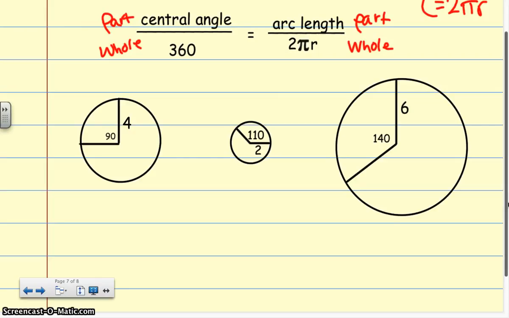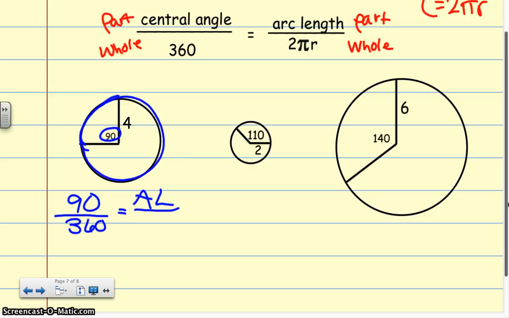Okay, so if I wanted to find this arc length here, I would say that my central angle is 90. 90 is to my whole degree measure as my arc length, I'm going to call it AL, is to, now if I want to do the whole circle, then the whole circle is 2 pi r. Notice my r is 4. So this is going to be 2 times pi times 4. 2 times 4 is 8, so I can turn that into 8 pi.